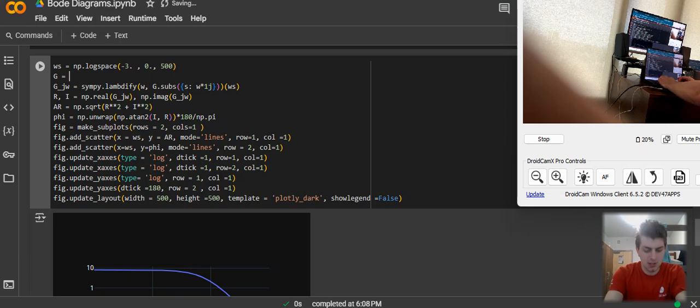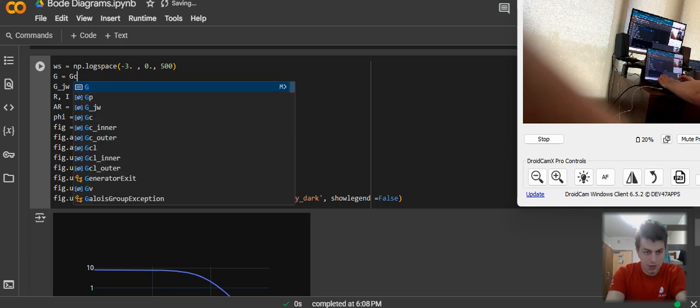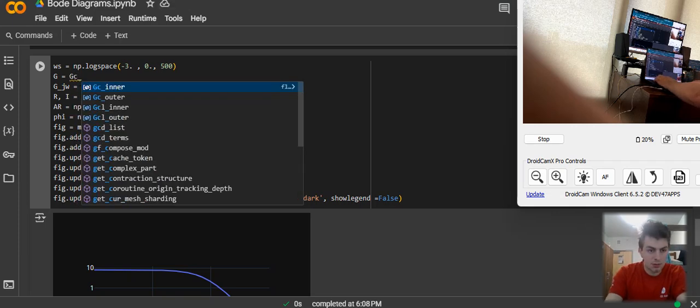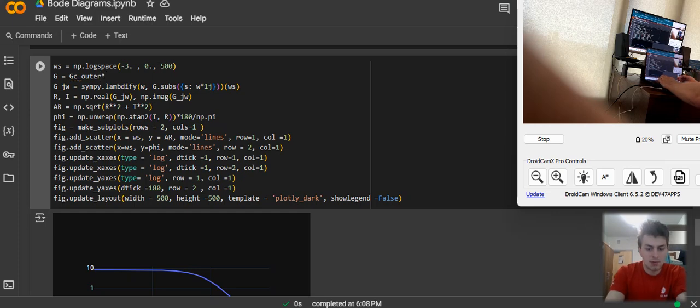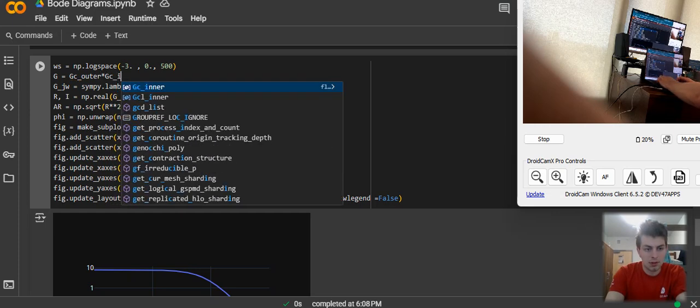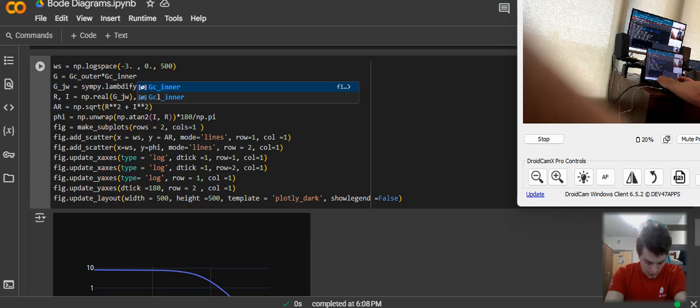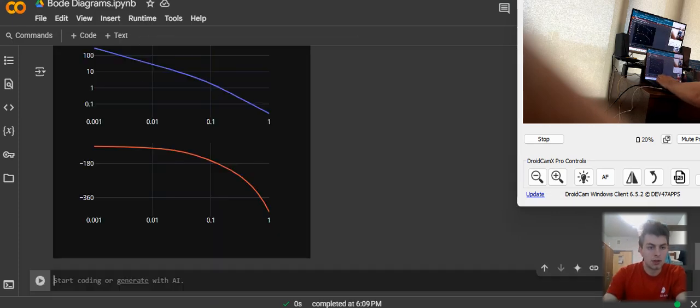Yeah, G needs to be GC outer times GC inner times G. Okay, so now when we hit negative 150 here, about 0.07, I'm not really close to 1.